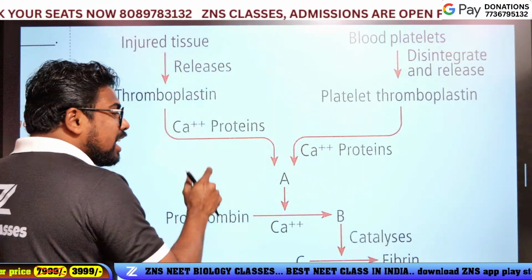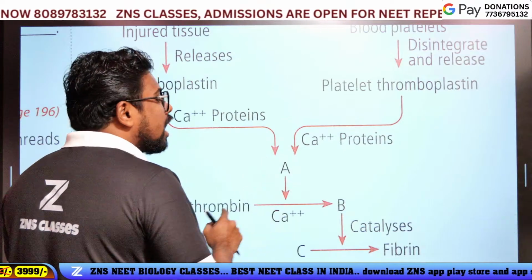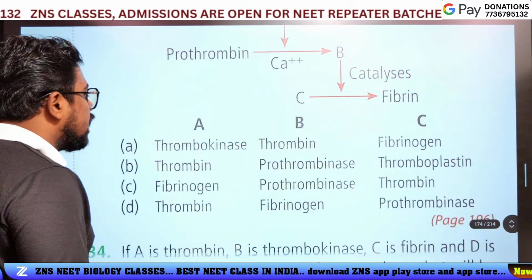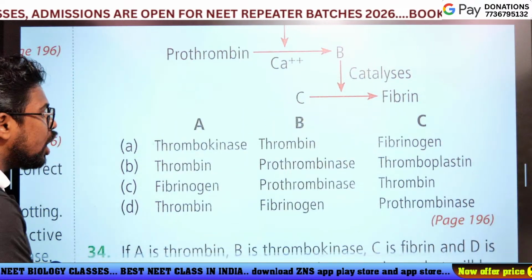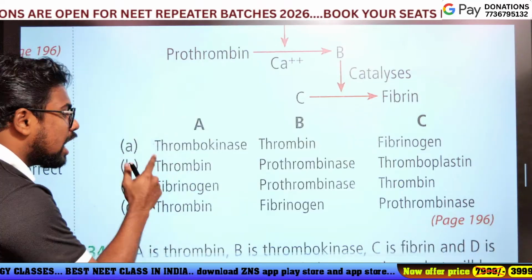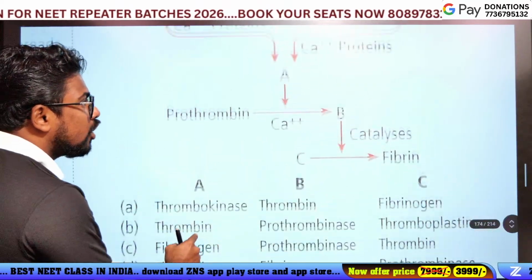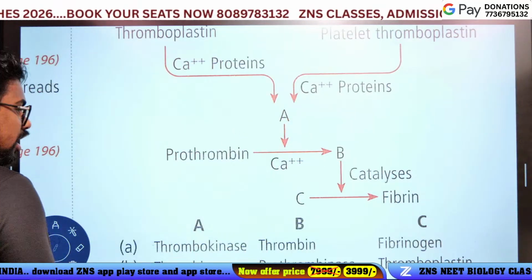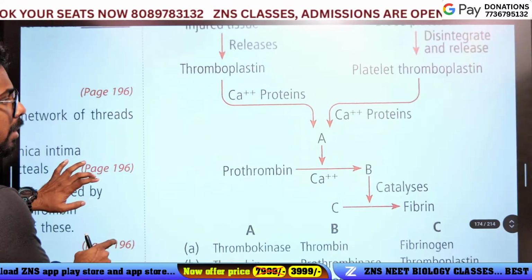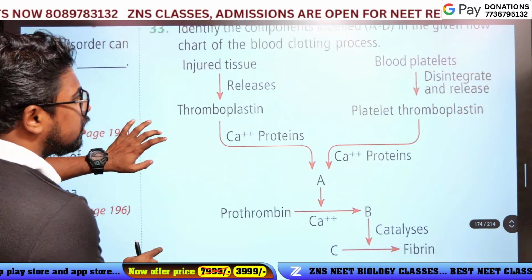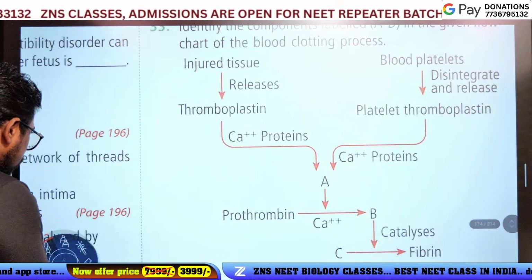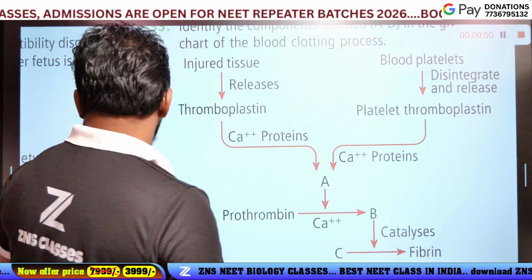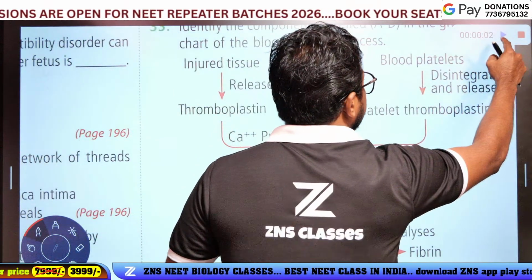With the help of calcium, they are converted to thrombokinase. Which option is thrombokinase? Take a screenshot of this flow chart, because it's very important.